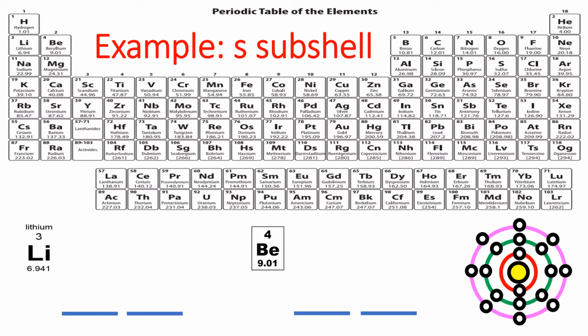Now let's go with your element lithium and element beryllium. Your element lithium has 3 protons and 3 electrons. How do we write its electron configuration? It will go like this: 1s2, 2s1.